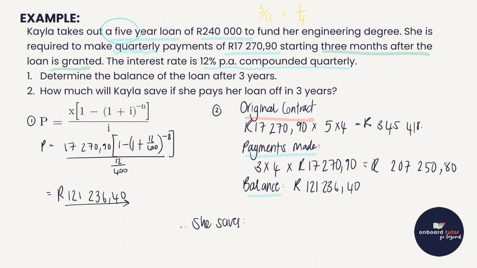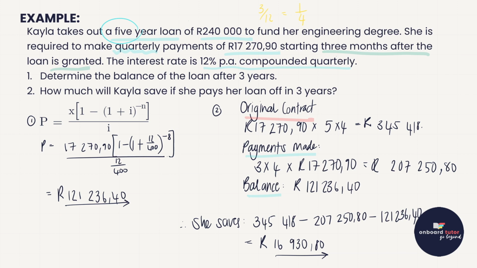We take that original amount, 345,418, and subtract the 207,250 and 80 cents and the balance of payments. And we see what's left. On the calculator there, we see that Kayla, if she pays her loan off sooner, will save herself 16,930 Rand and 80 cents.